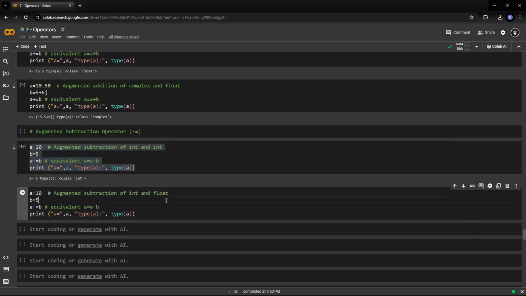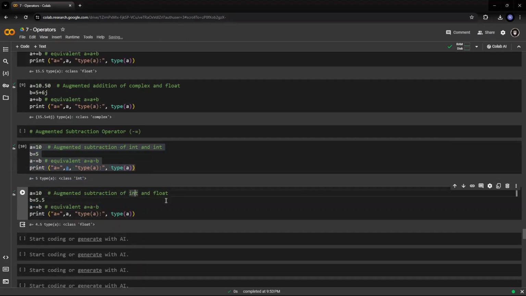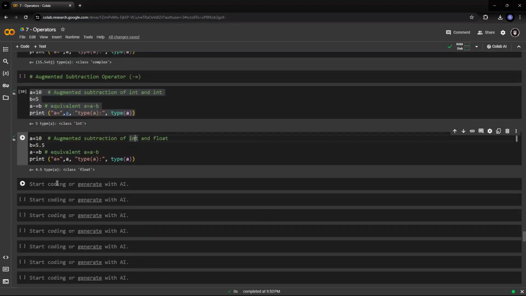So let's do it with float again as we did for addition. So 5.5, I'm doing an augmented subtraction, and now there is one int and one float. Let's see what the answer is. We can see 4.5. Now this is a float.